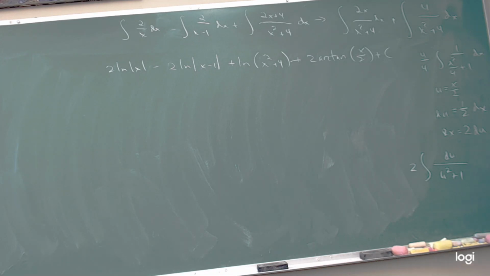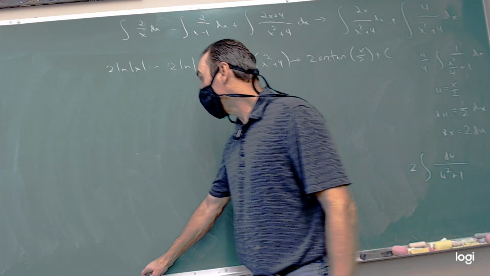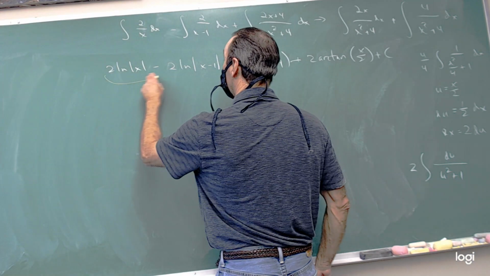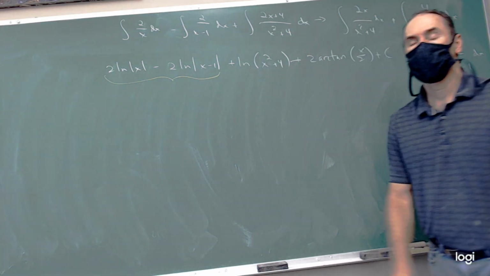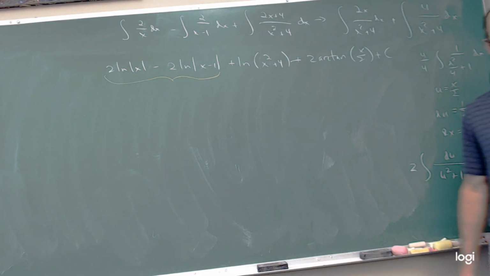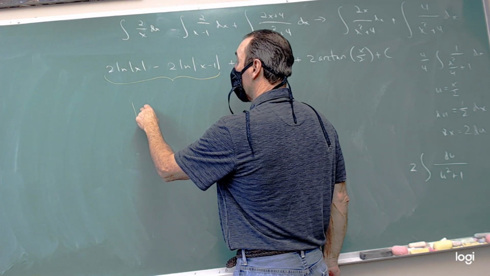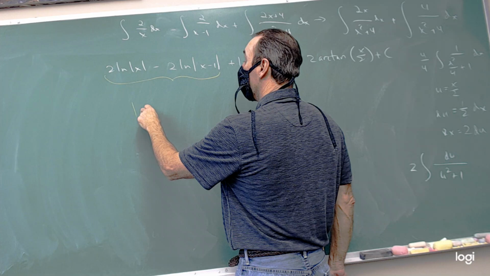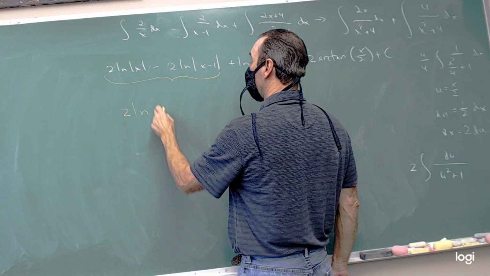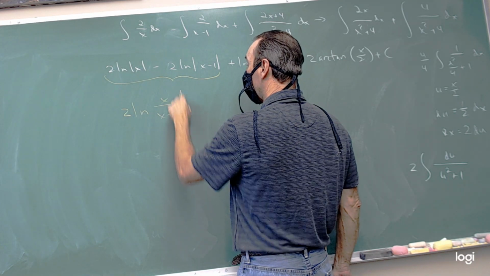Just for the record, because this doesn't really matter right now, but there's a time coming where it will matter, if we looked at this, how could we condense that? You could just put it in the same natural log. So x over x moves, so you can say 2 natural log of this over that. That's the part that's the most important.